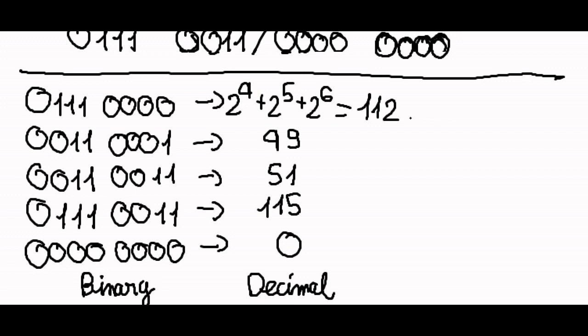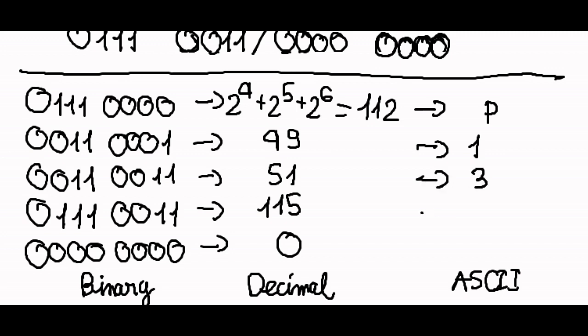So 112 in decimal is P, small p, in ASCII. Let's write down here, ASCII. 49 is 1, 51 is 3, 115 is S, and 0 is basically a null termination.